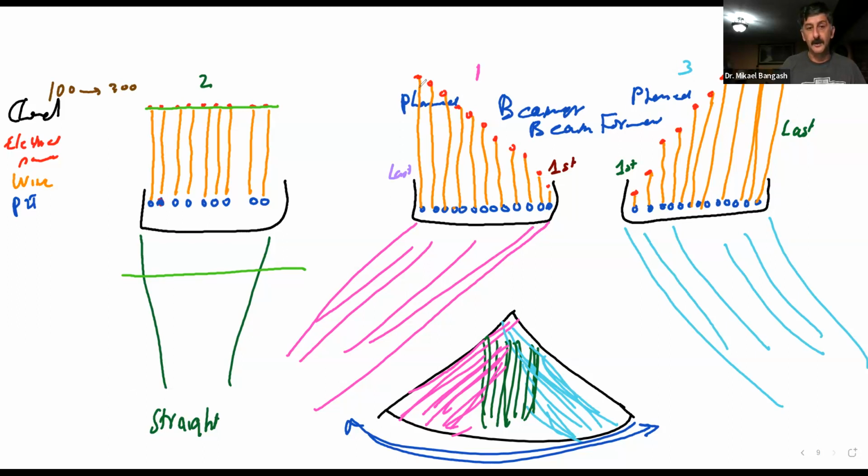Whereas here, a line that goes parallel to this green line will determine the direction in which the beam will be steered. Likewise here.